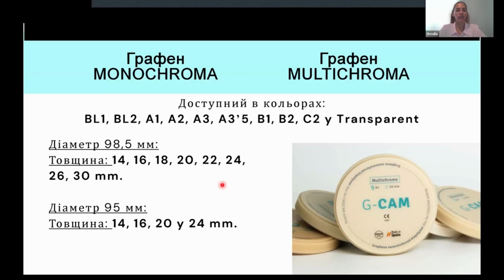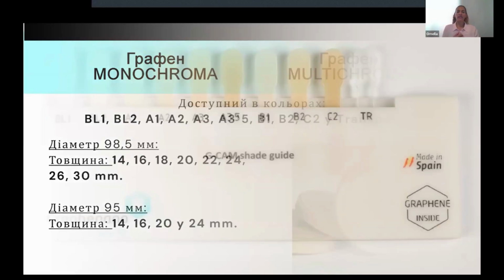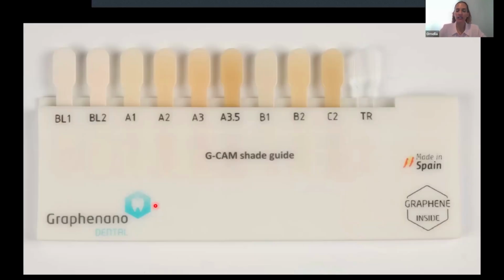Also, we work with two different sizes. We work with the 98.5, which is the universal, in all different thicknesses. And we also work with the circumstan, but this is not the most used on the market, but let you know that we can work with this size too. This is our shade guide of the graphene.